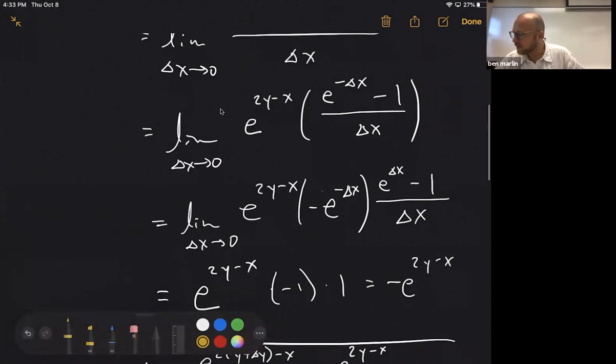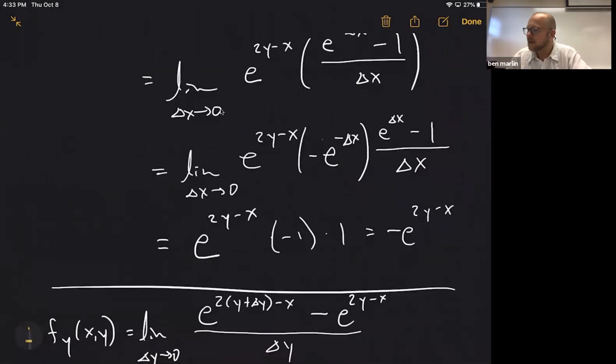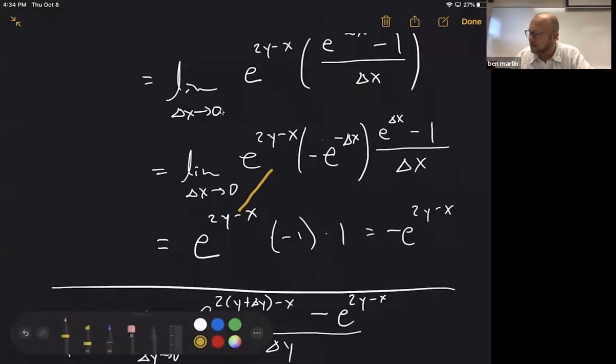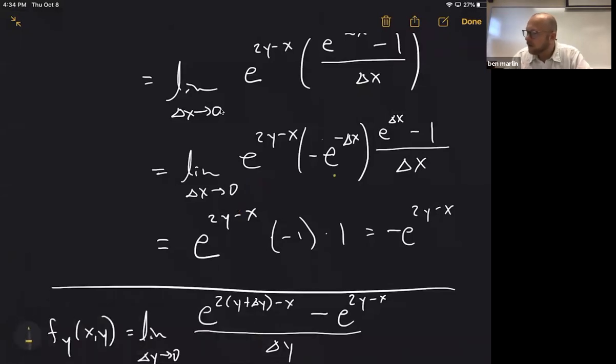All right. So once I get down here, then I know that letting delta x go to 0, this part here that has no delta x symbol in it doesn't change. So that part's fine. This part here has a delta x symbol in it, and as delta x goes to 0, e to the minus delta x, e to the minus 0, needs to go to 1.